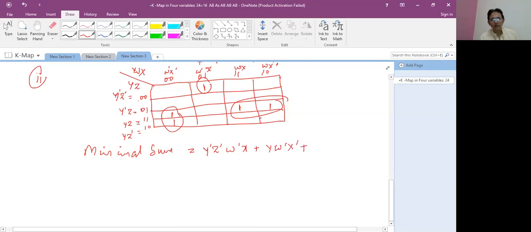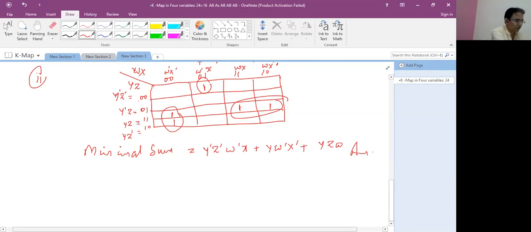So plus sign, and when we consider this loop, W is common in both, and it is Y Z W. So these are called the minimal sum of the given Boolean expression.